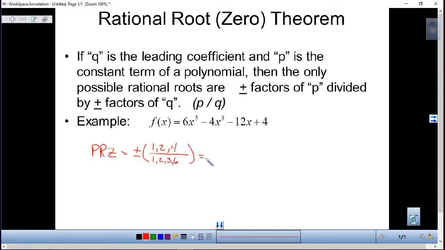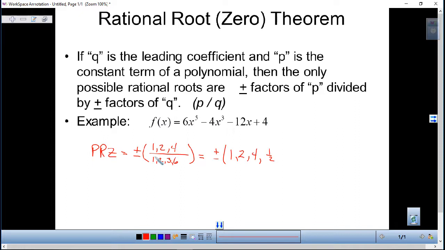And now all you want to do is make every possible combination you can have. So you got 1 over 1, you got 2 over 1, you got 4 over 1, and then you're going to have 1 over 2, you're going to have 2 over 2, which is 1, I already have it. You're going to have 4 over 2, which is 2, I already have it.